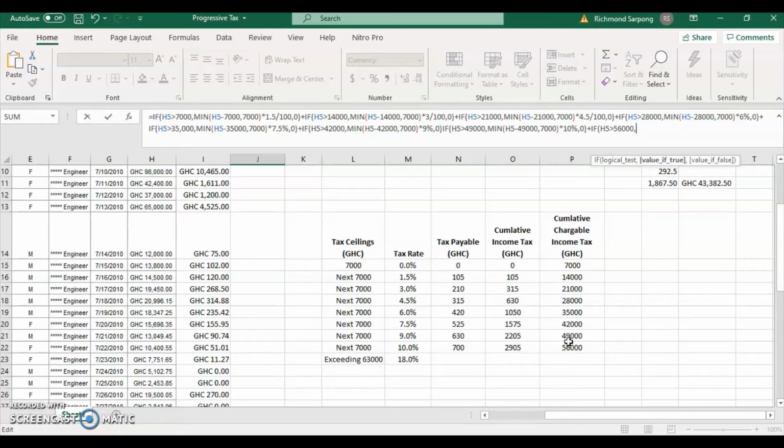Then H5 minus 56,000 in bracket, multiply by the 18% threshold.